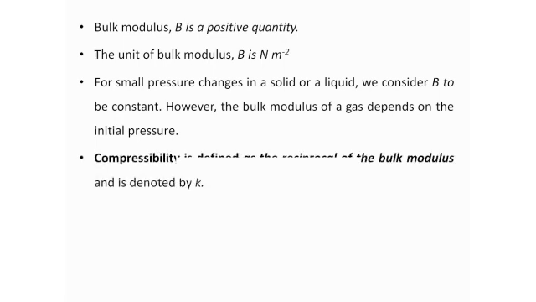Clear? One more term is there, which is known as the compressibility. What do we mean by compressibility? By definition, compressibility is the reciprocal of the bulk modulus, and it is denoted with a small k.